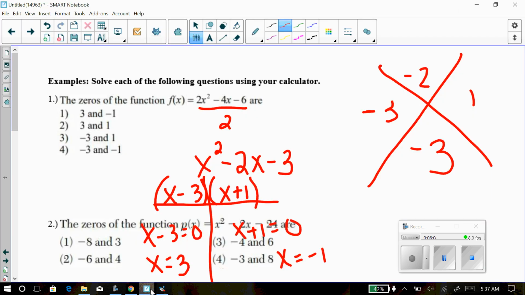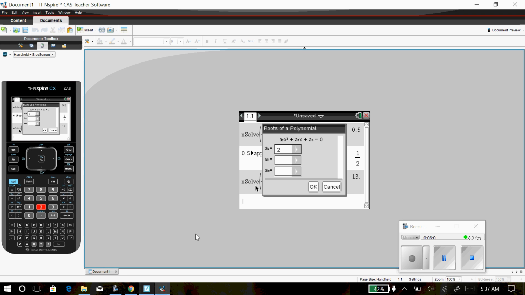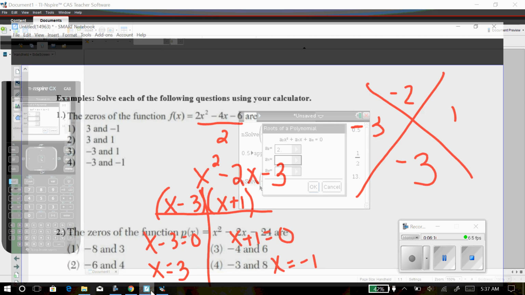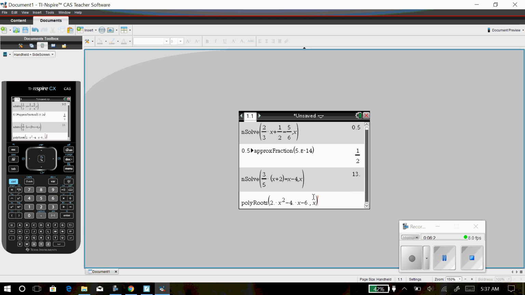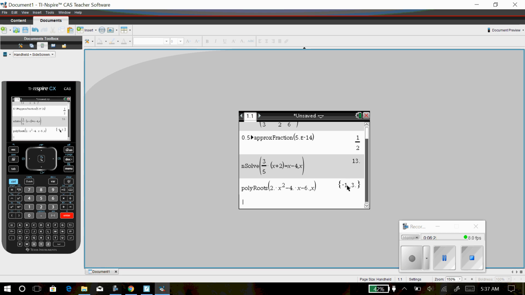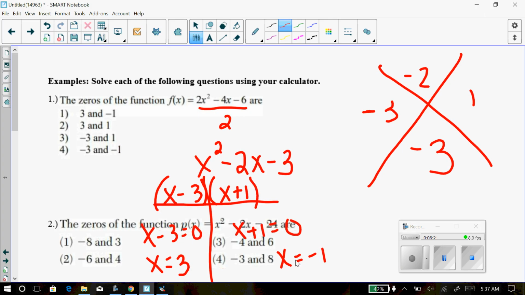So first box, I type in a 2. Second box, oops, I type in a -4. Third box, I type in -6. Hit OK. And then you hit enter. It tells me that my answers are -1 and 3, which is what we got when we did our factoring out too. So your choice here should have been 1.